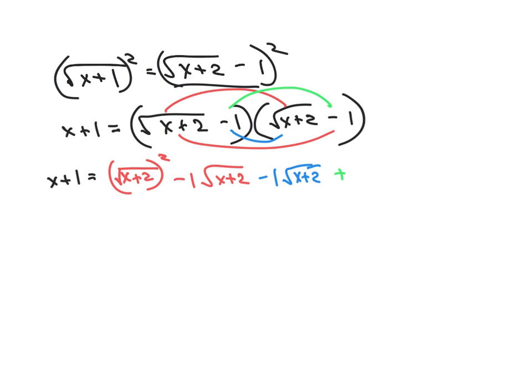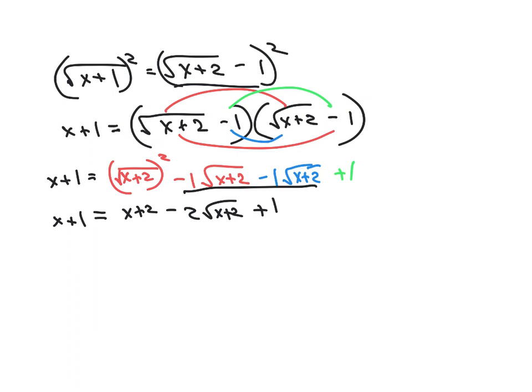Let's look at this one here first. We've got the radical with the squared on there, so if you remember, that just becomes x plus 2. That's pretty easy. And these two can add together. When you add these, negative 1 plus negative 1 gives you a negative 2, the x plus 2's just tag along, and that's a plus 1.